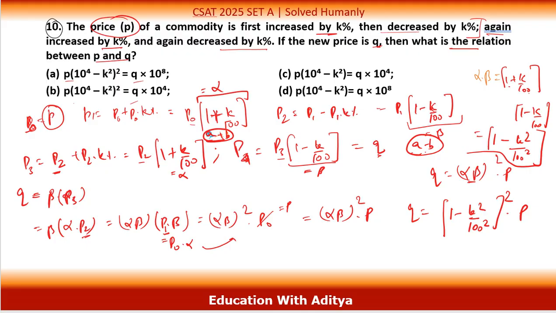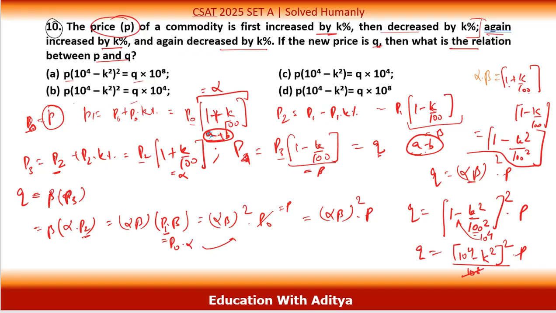So now I need to simplify this term a little bit. So I will multiply by 100 square, I can write 10 raised to the power 4. So I will multiply this and I will separate the brackets. So 10 raised to the power 4 minus K square divided by 10 raised to the power 4, whole square, dot P. 10 raised to the power 4 remains here, its square is 10 raised to the power 8.